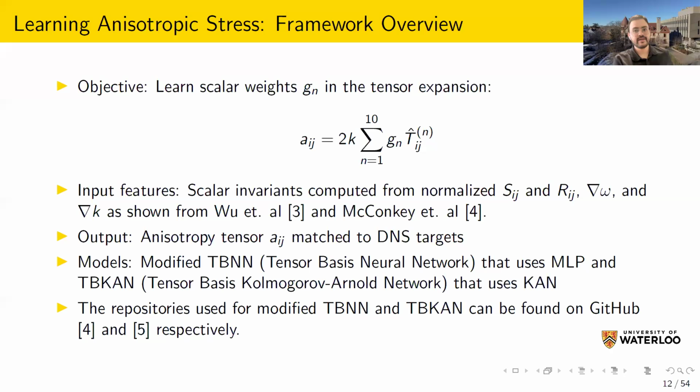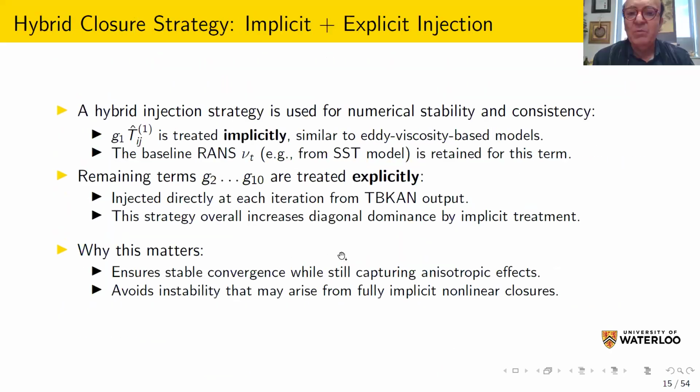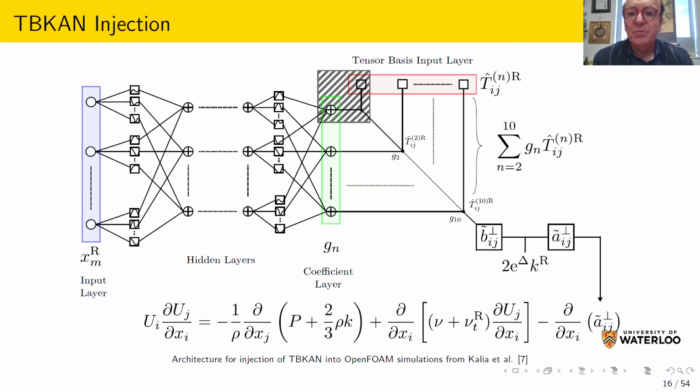Can we go back to the instability injection method? Yes, of course. So how did you end up using G1 implicitly and then the other one explicitly?